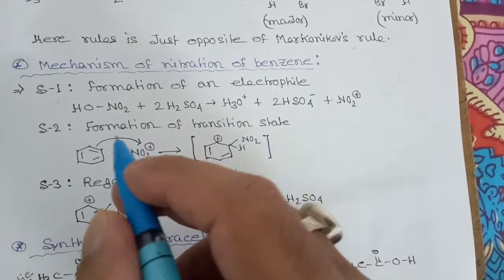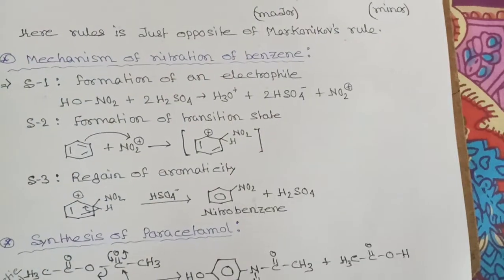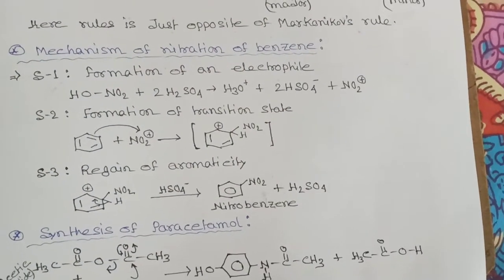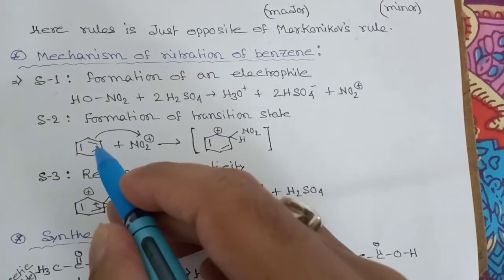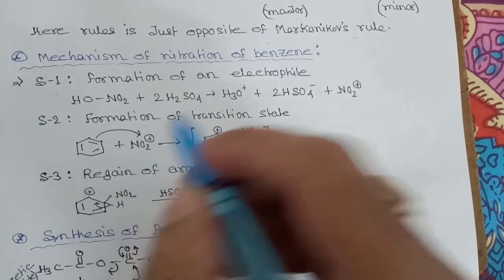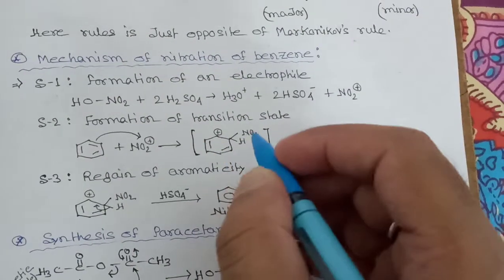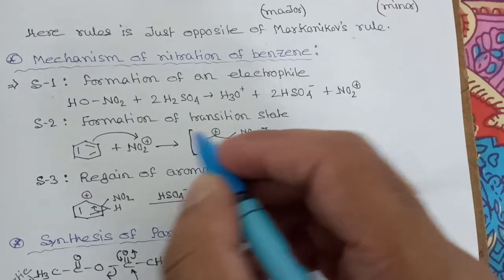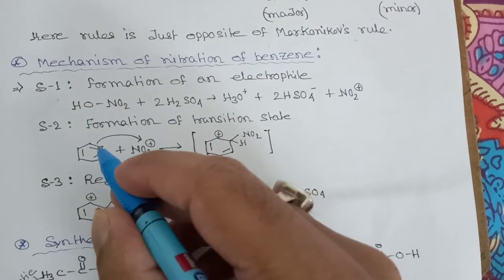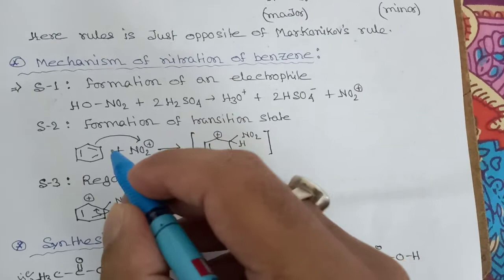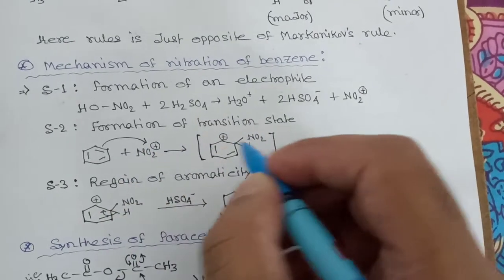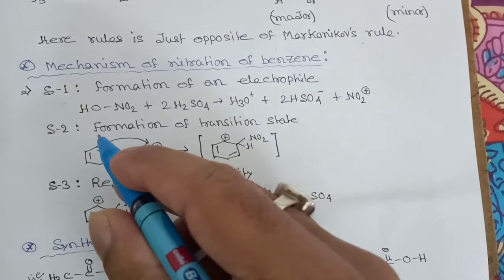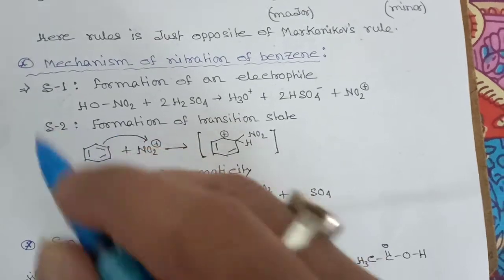Now in the second step there will be formation of the transition state. So benzene now will react with this electrophile to form a sigma complex like this. This double bond is making a bond with NO2, and one hydrogen was present there. So this double bond is breaking, that's why here we should give a positive charge.